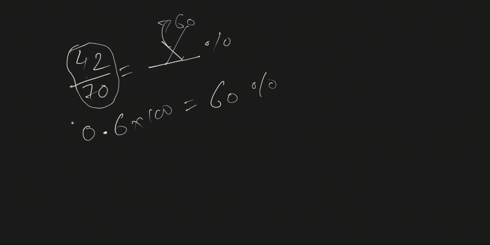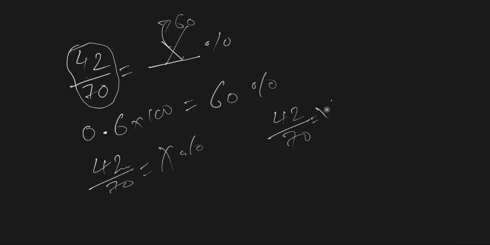If not, the other way would be, say we have 42 over 70 equals X percent. And if you remember, percent is nothing but anything divided by 100. So it is 42 over 70 equals X over 100. We'll multiply both sides by 100.